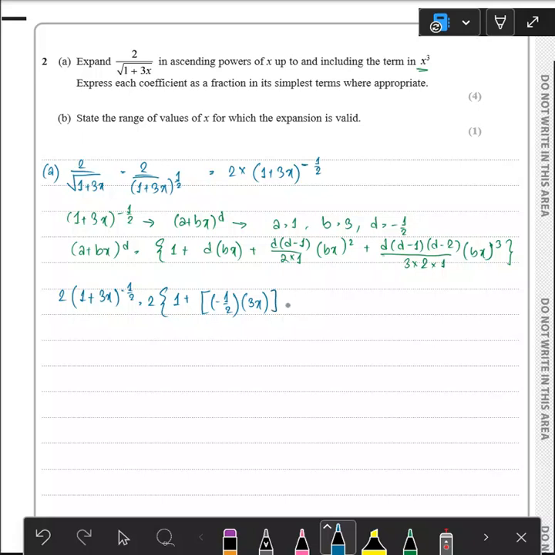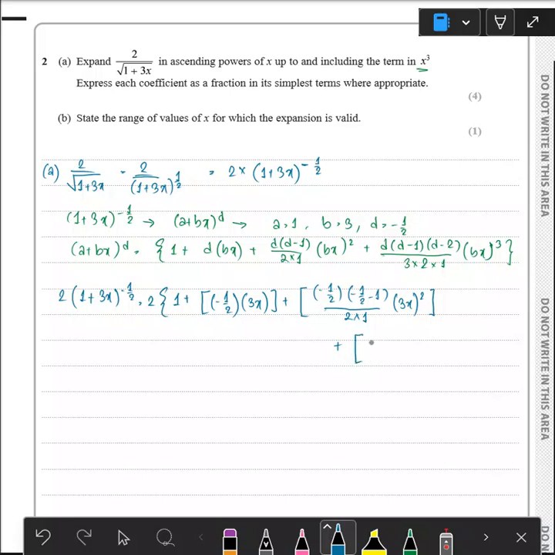Plus d is again negative half multiplied by negative half minus 1 divided by 2 multiplied by 1 multiplied by bx, so b is 3x whole square.